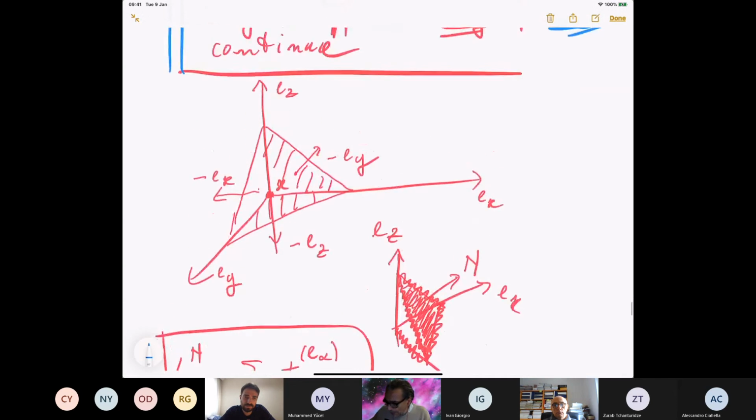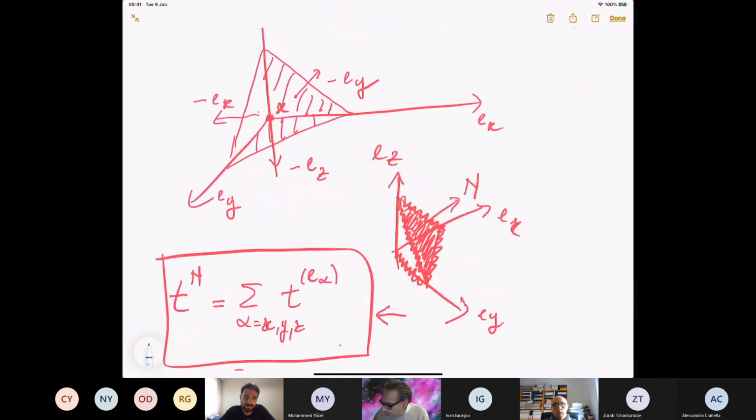Cauchy postulates that the contact force on this face of a tetrahedron having normal n depends on the normal n only. This is Cauchy's so-called postulate.